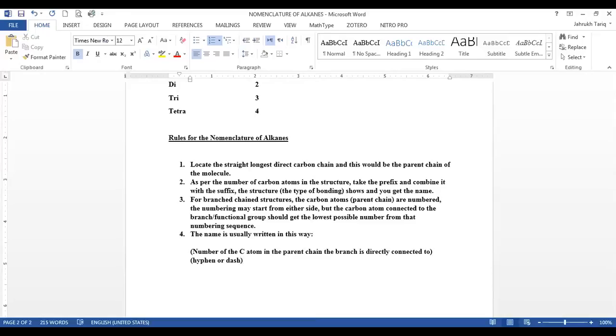Okay. Then comes the number of carbon atoms. Let's write it like this: C atoms in the branch as prefix.